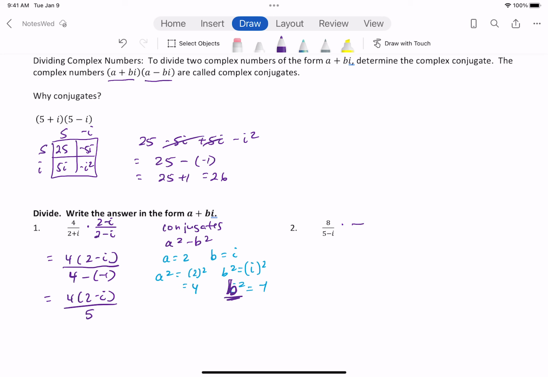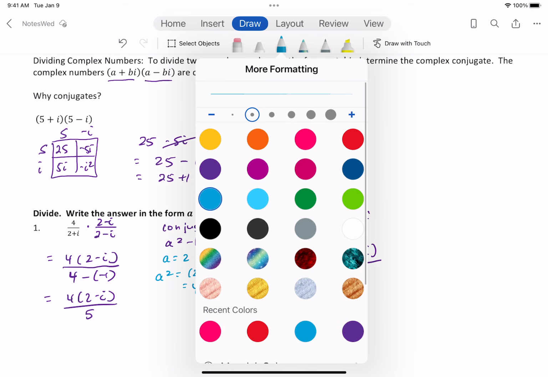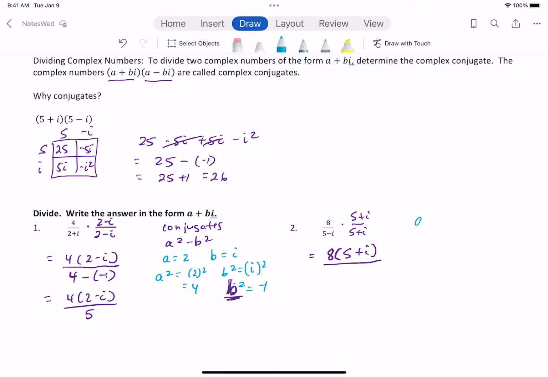The conjugate for this one is just going to be 5 plus i. So we get 8 times 5 plus i. And again, this time, a is 5, b is i.